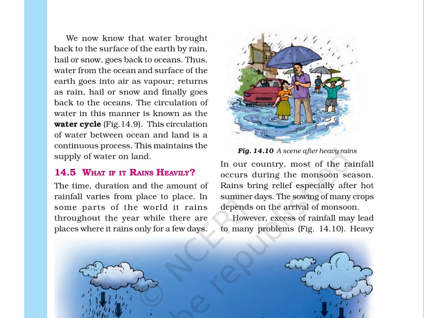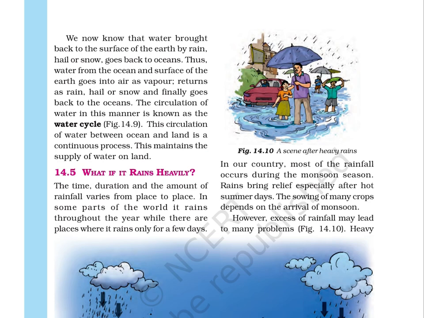Thus, water from the ocean and surface of the earth goes into air as vapor, returns as rain, hail or snow, and finally goes back to the oceans. The circulation of water in this manner is known as the water cycle. Figure 14.9. This circulation of water between ocean and land is a continuous process. This maintains the supply of water on land.